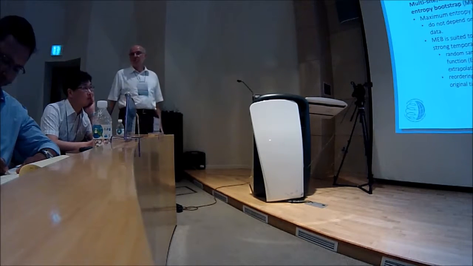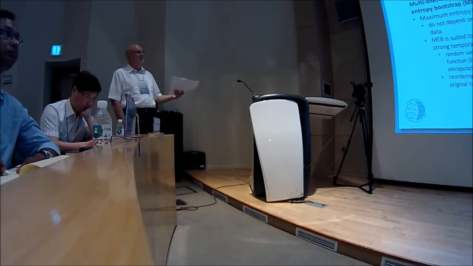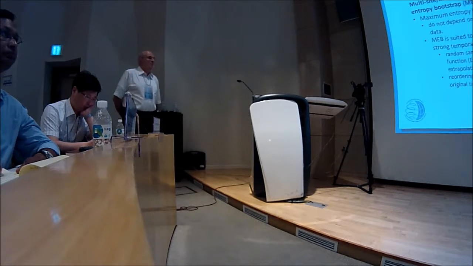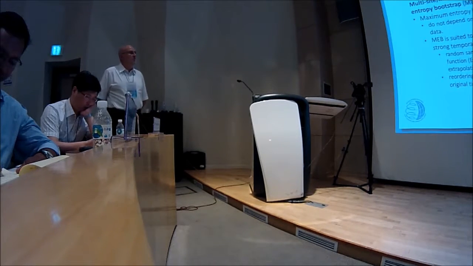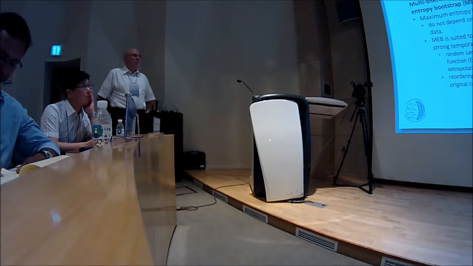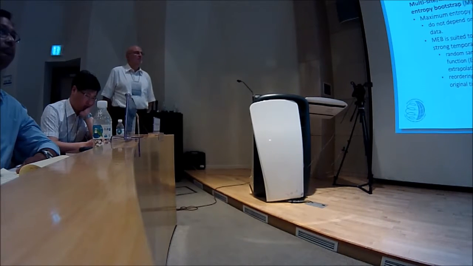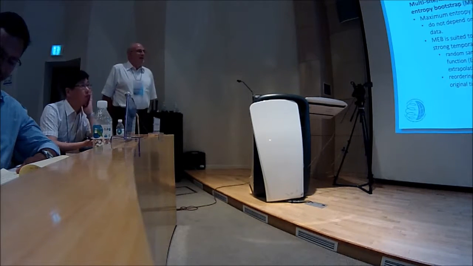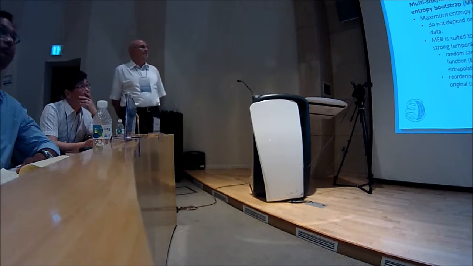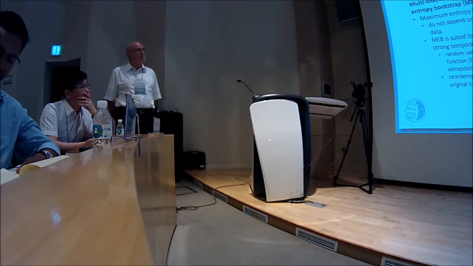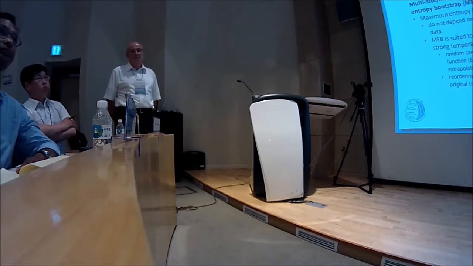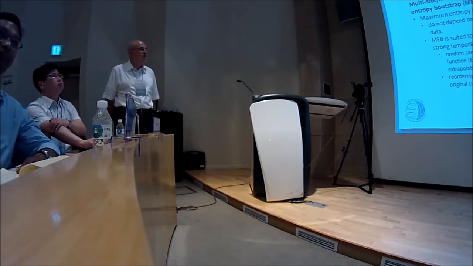First, incorporating into the downscaling process a maximum entropy bootstrap that does not depend on random or conditional resampling of historical data, but is very well suited to random generation on time series with a strong temporal dependent structure.